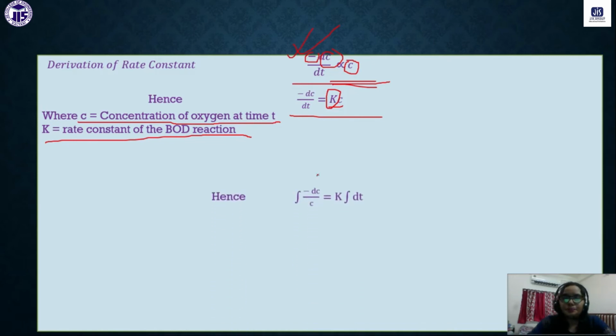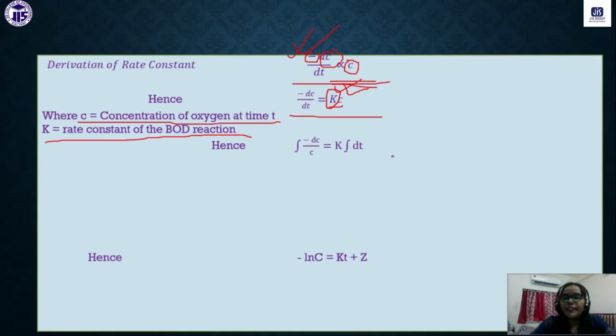Now what do we have to do? Now we have to integrate. If we want to know the value of k, we have to integrate this equation. So the integration of minus dC/C equals k times the integration of dt.